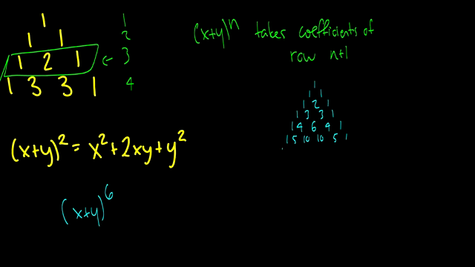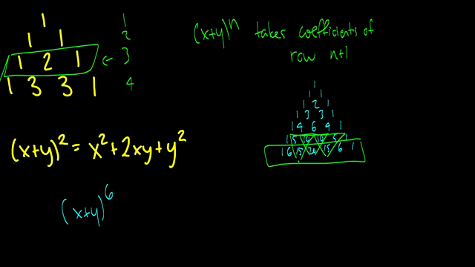We just have to go one more line, and we will be done. So if we just add up all of the preceding two numbers here, so to get 15, for example, we took 5 plus 10. To get 20, we took 10 plus 10. To get 15, we did 10 plus 5. And this is the coefficients of x plus y to the 6th.